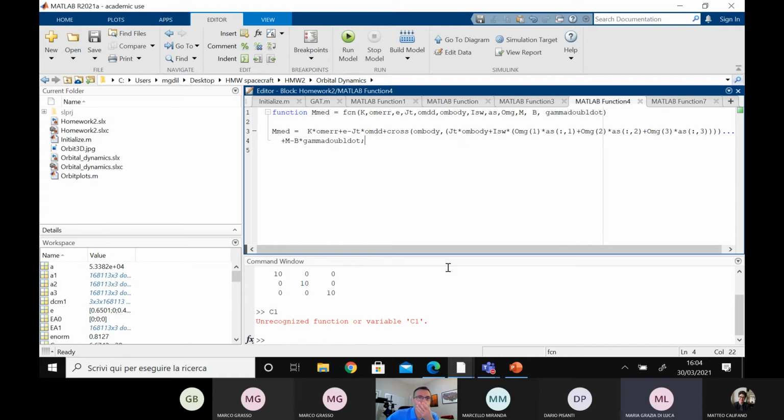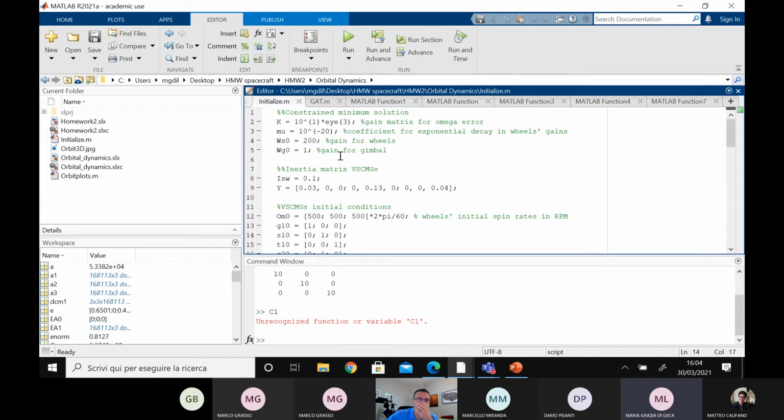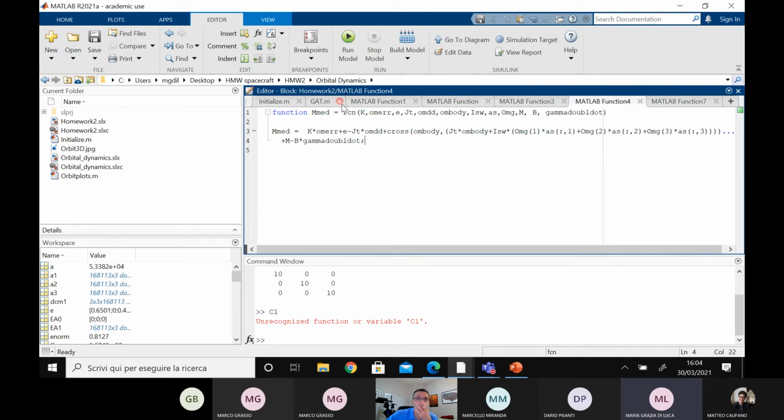So as an input, we have the positive definite matrix K that we have in the initialized file. Then we have omega error that comes from the difference, the error vector, the J total, and that's why we kept it as an output. Then here we have omega desired dot, and it is the one coming from the numerical derivation, right?